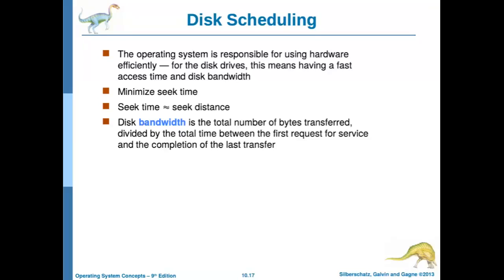Seek time, as we already saw, is positioning the head, which directly depends on the seek distance. Disk bandwidth is the total number of bytes transferred divided by the total time between the first request for service and the completion of the last transfer. So it is like a transfer rate.